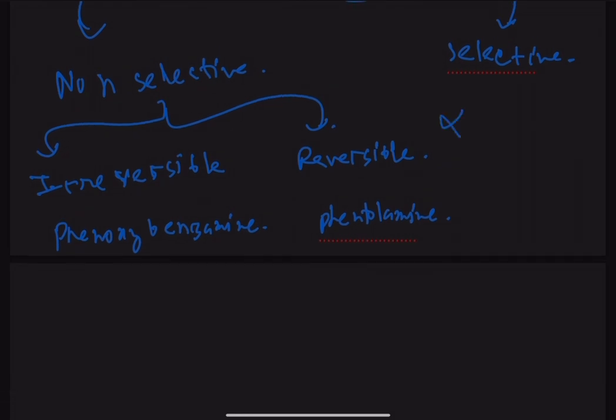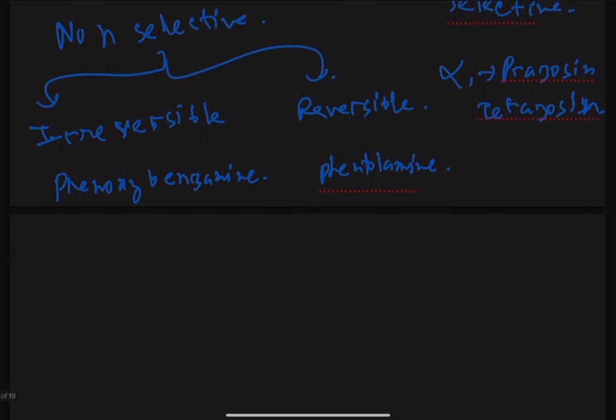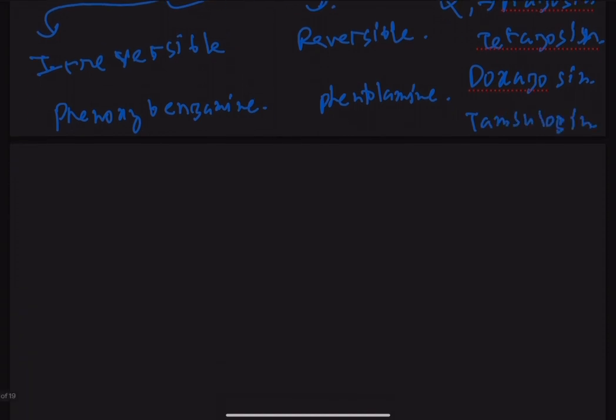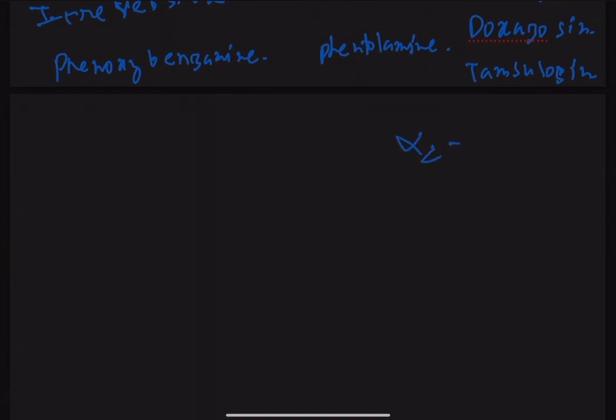In selective alpha adrenergic antagonist, we have alpha 1 adrenergic antagonists like prazosin, terazosin, doxazosin, tamsulosin, and we have alpha 2 adrenergic antagonists like yohimbine and idazoxan.